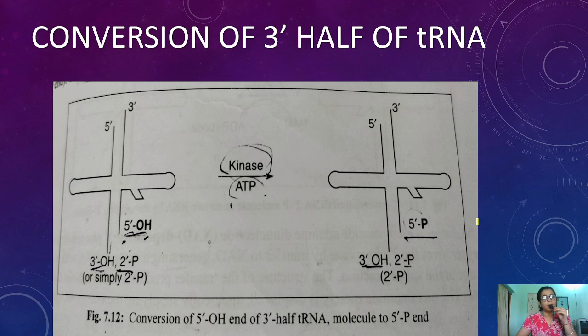So what will happen? Another enzyme, a kinase, of course with the help of ATP, will convert this 5' OH into a 5' phosphate end. Now we have corrected the unusual end, but what about this extra 2' phosphate end? We need to correct this also, because we only need 5' phosphate and 3' OH so that the pairing and the joining can take place, but we have an extra 2' phosphate here.